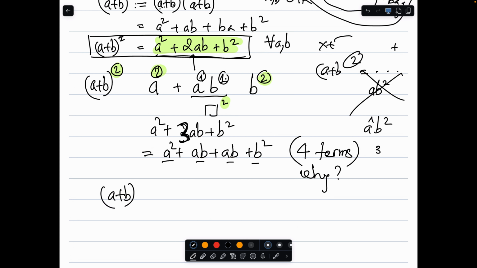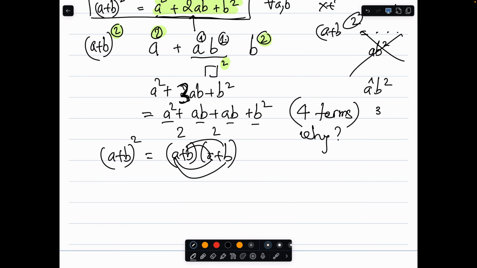Then just go back to the left hand side, which is like this. So this guy has two terms, right? So here you have 1, 2, 3, 4. You can only have 4 terms, cannot have more. If you don't think like that, you can think about something like this.